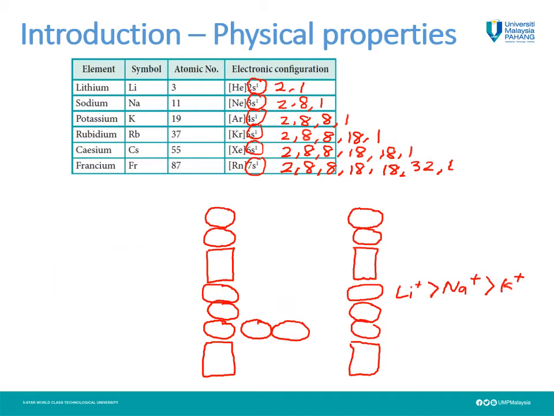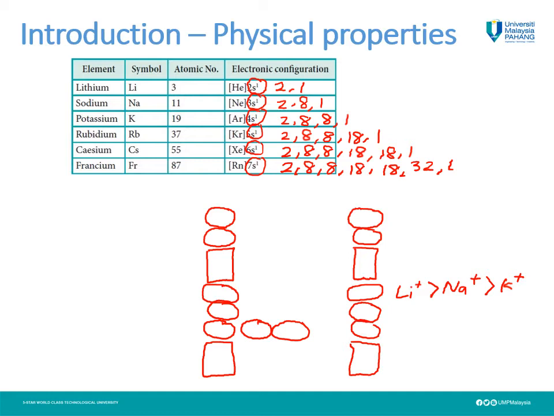Lithium has an atomic number of 3 and the electronic configuration of helium 2s1, or we can write it as 2,1. For sodium, the electronic configuration is 2,8,1. For potassium, 2,8,8,1. For rubidium, 2,8,18,8,1.